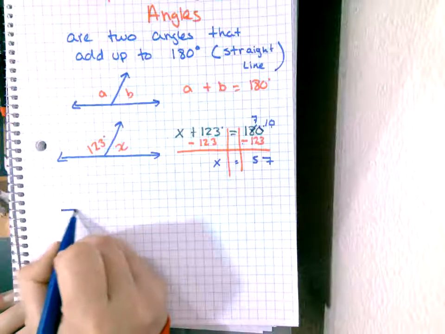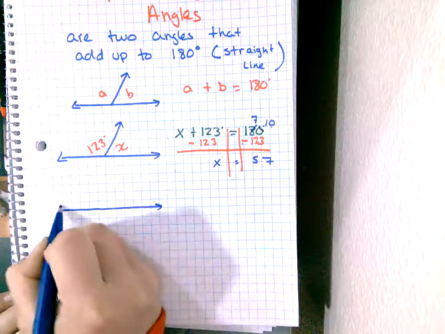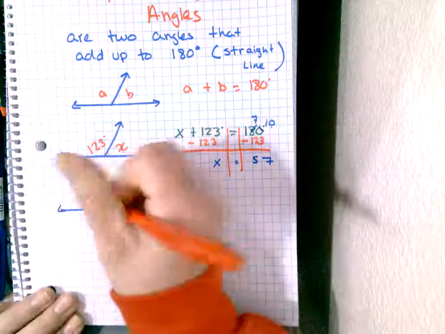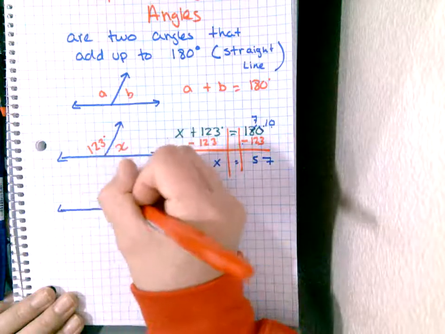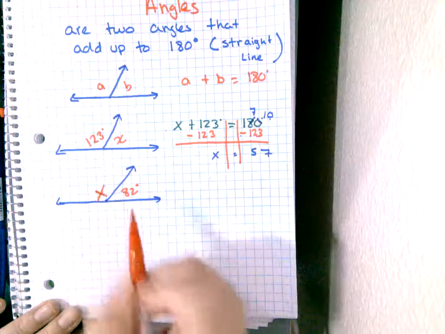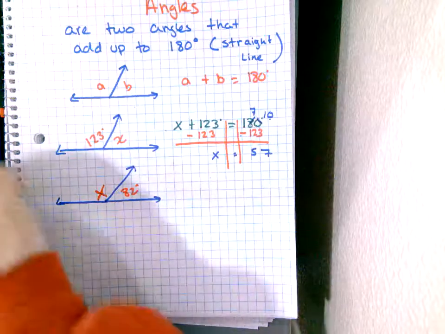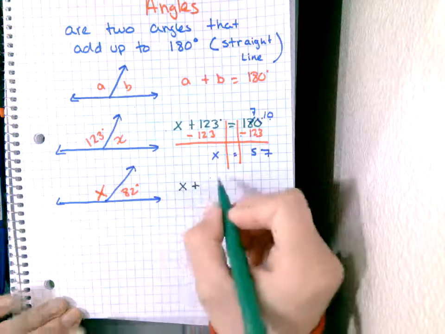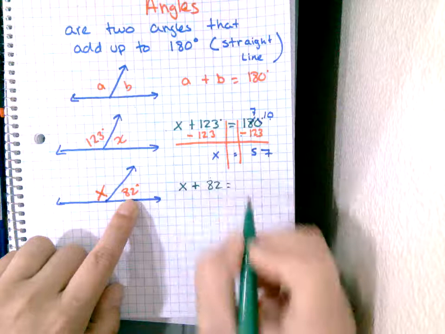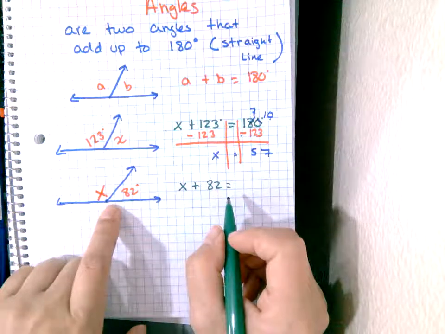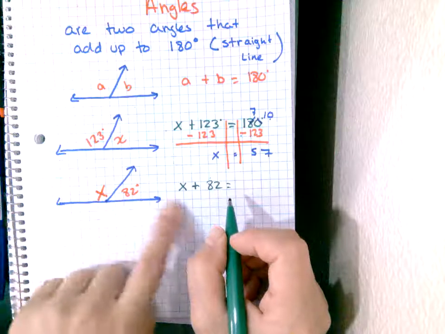All right, let's do another super basic one. So we have X and we have 82 degrees. We're going to set up our equation. X plus 82 equals. Now this is where kids mess up. Is it equal to 90 or is it equal to 180? Well, you just have to look at it.